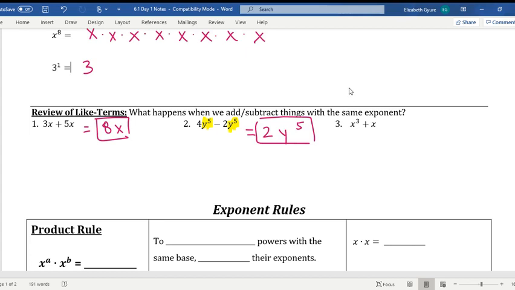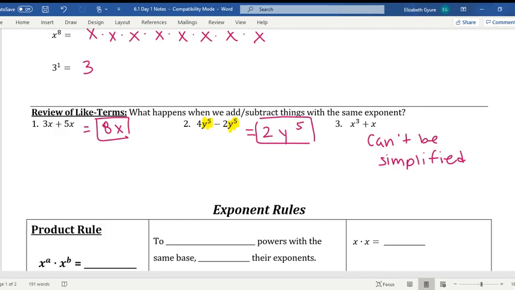So we'll just say can't be simplified. They're not like terms. However, while I can't add or subtract them, I am allowed to multiply or divide them.